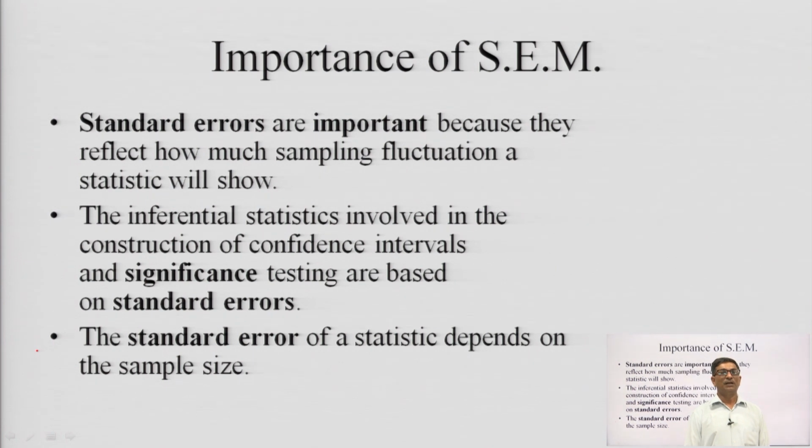That means, if there is more fluctuation in sampling, then the standard error is very high and our data will not be normally distributed, or we can say it is not a good representative of our population. So, standard error is very important and our goal is to minimize the standard error for good data or normally distributed data.